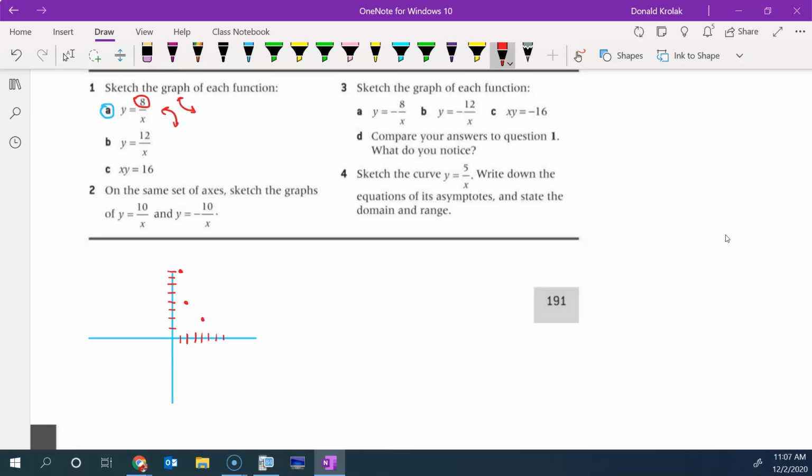And I know that (8, 1) has to be on the graph. So these are the points. This is the point (4, 2). This is the point (2, 4). This is the point (1, 8). And that's the point (8, 1). So it makes graphing these really simple.